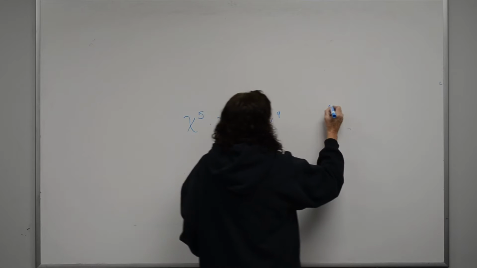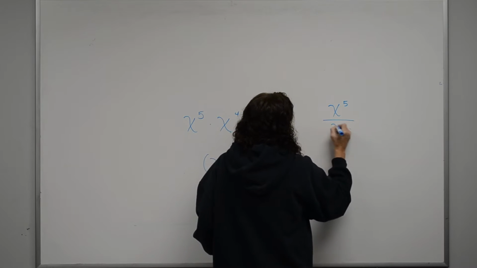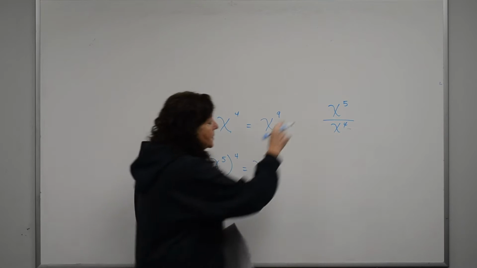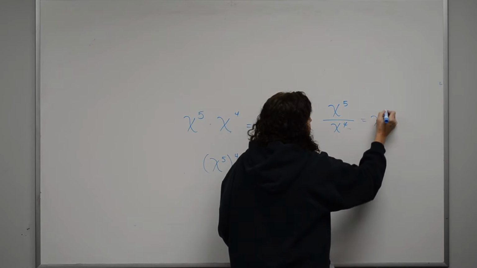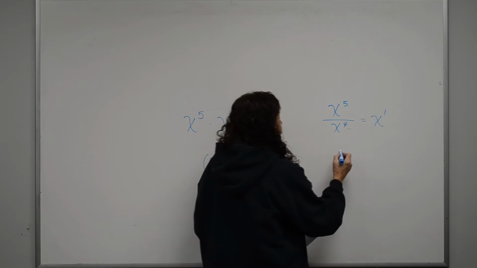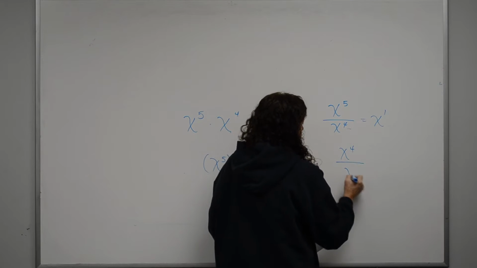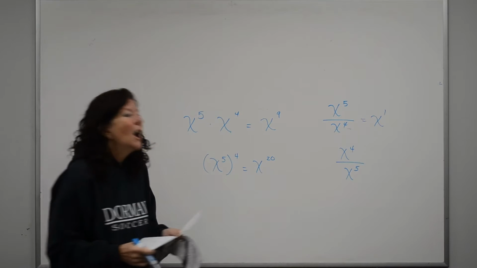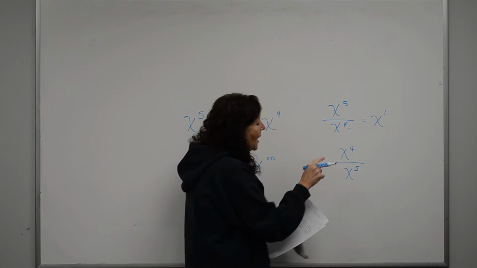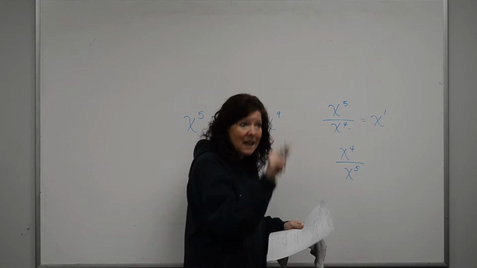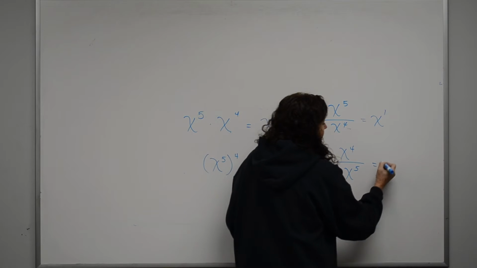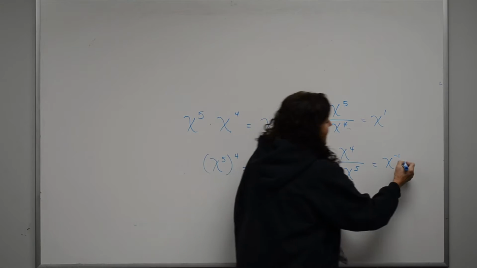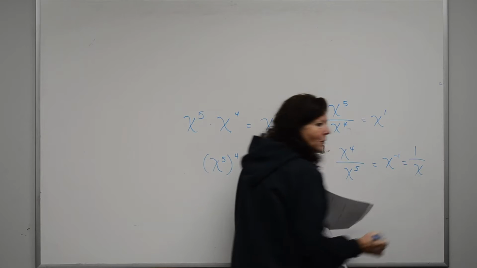What if I have division? If the base numbers are the same, I subtract. Now, what if I have x to the 4th over x to the 5th? There are two different ways I can do it. I can still subtract the exponents, and I would have x to the negative 1 power, which translates to 1/x.